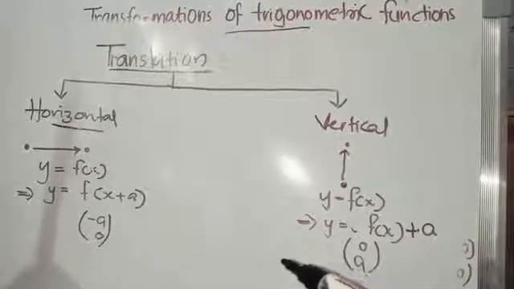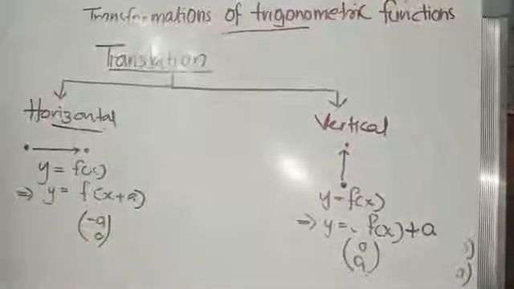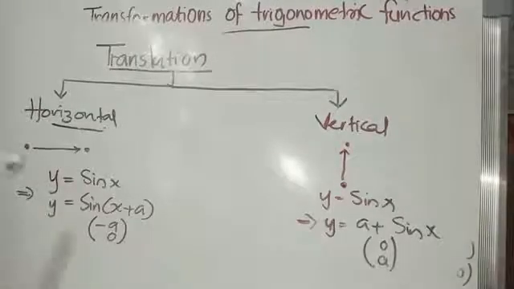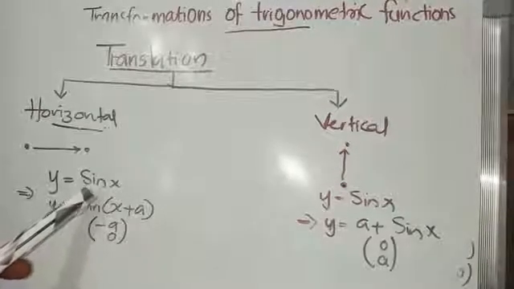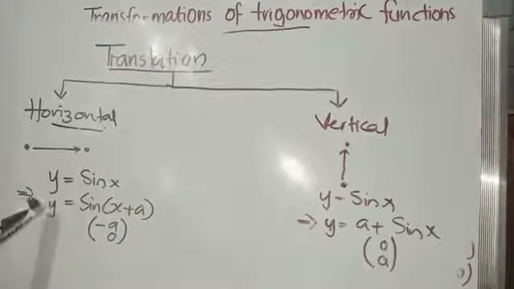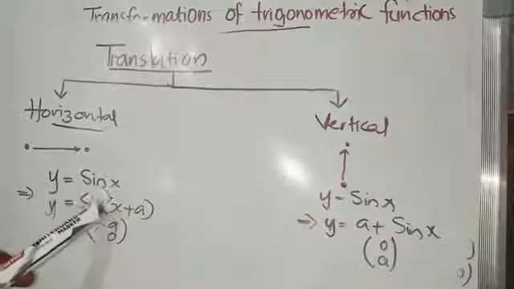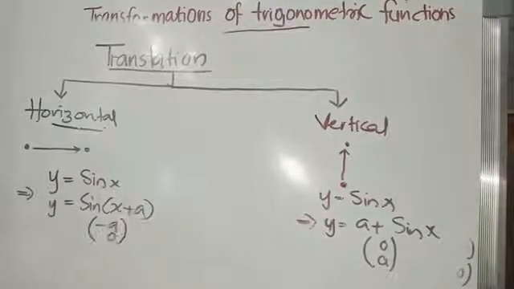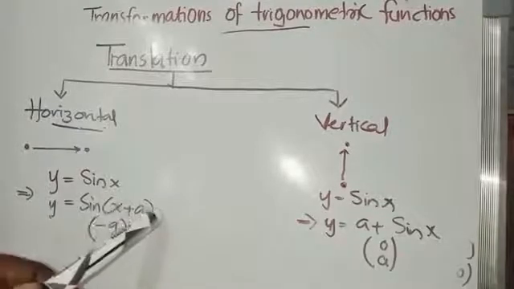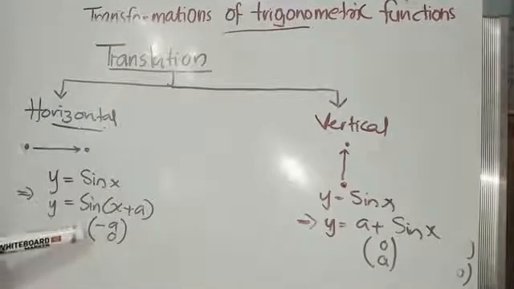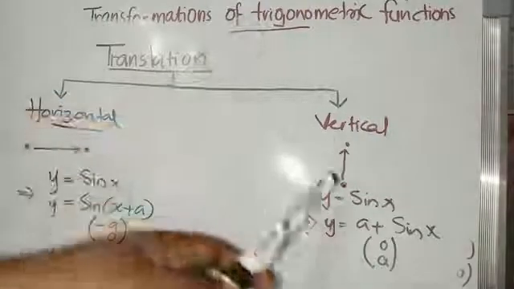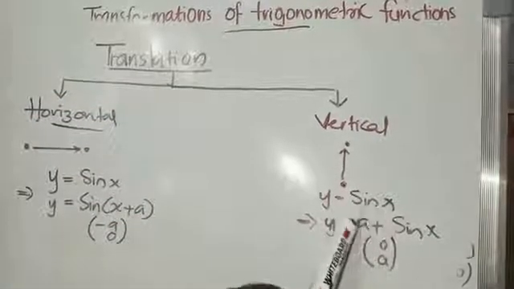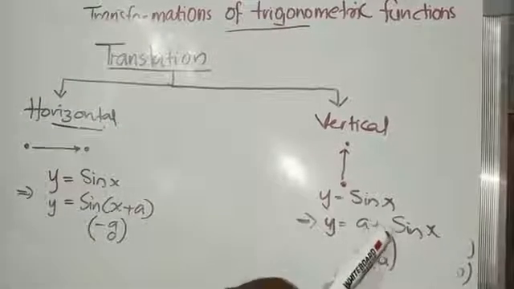Okay, and when it comes to the topic of trigonometry, y equals sin x is translated to y equals sin of (x plus a) with a translation vector (minus a, 0). And vertical: y equals sin x is translated to y equals a plus sin x.